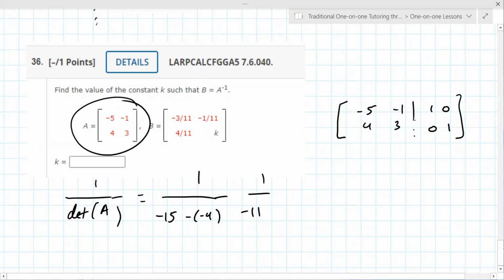So if you're given A, B, C, D, the inverse is 1 over the determinant of it. And then you do some things.